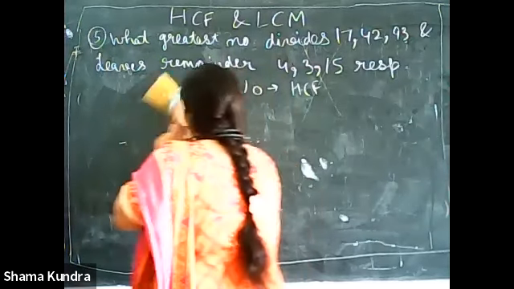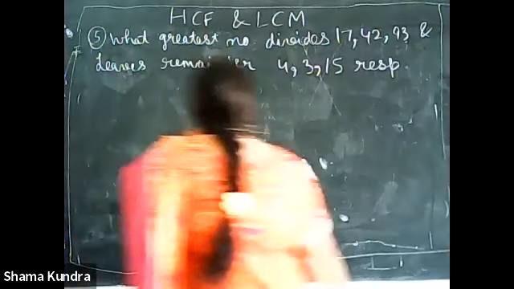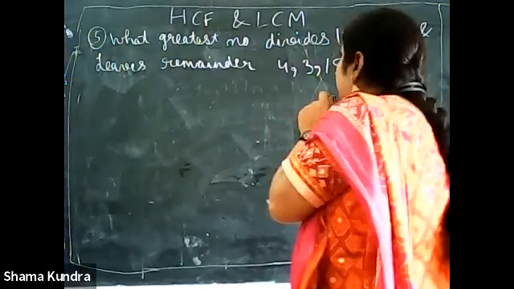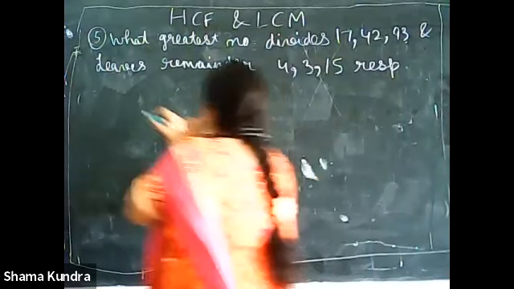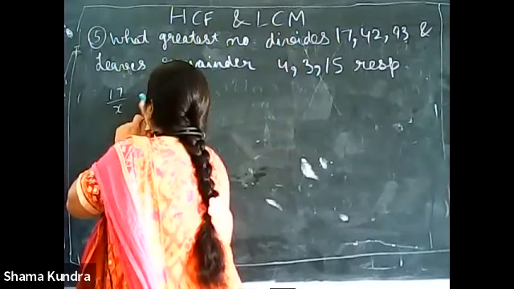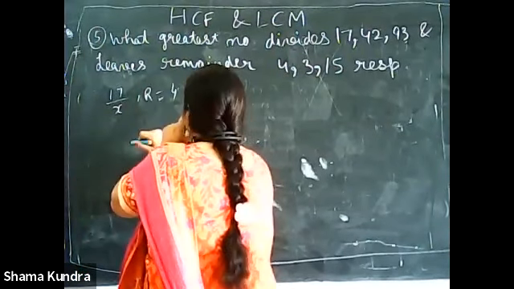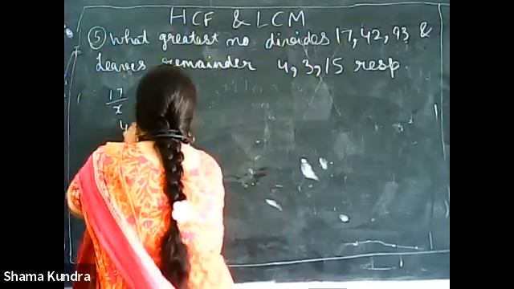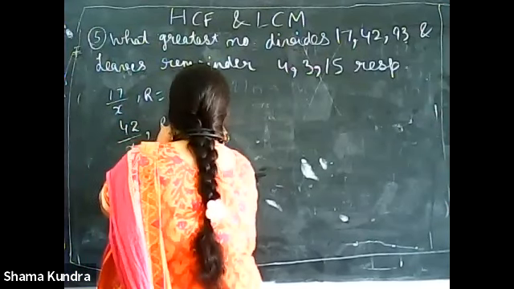Now what does he say in this question? What greatest number divides? Let the greatest number be X. He says when you divide 17 by X, the remainder will be 4. When you divide 42 by X, the remainder is 3.